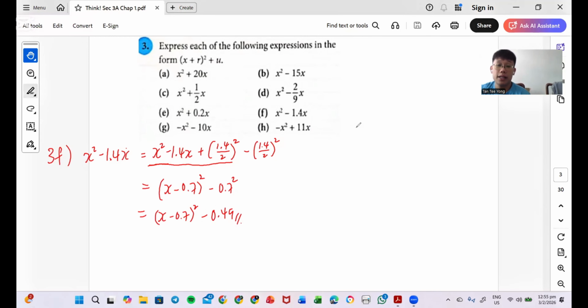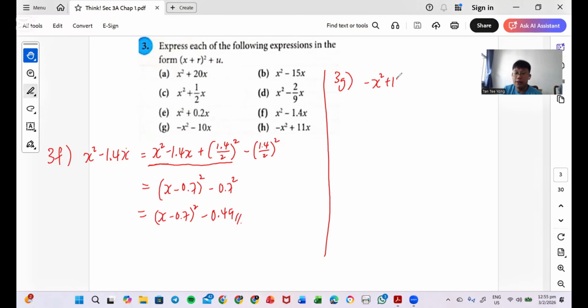Okay, so next one, 3G, right? Okay, so negative x squared plus 11x, right? So this is equals to, okay, first thing first, the coefficient of x squared must always be 1. So I need to factorize out negative. Okay, so this is what I will do first. Next, okay, next it will be like that.